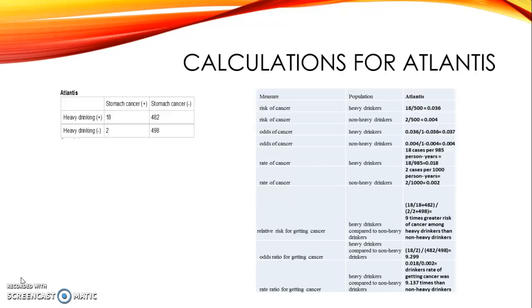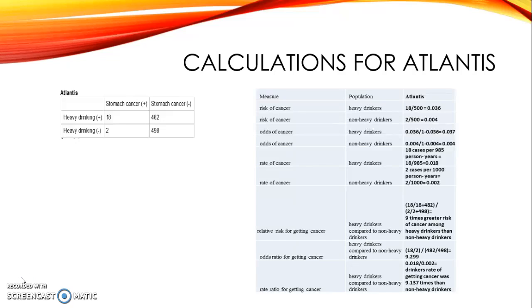For the odds ratio, the formula is A divided by C divided by B divided by D, which gives you 18 divided by 2, divided by 482 divided by 498, which gives a ratio of 9.299.